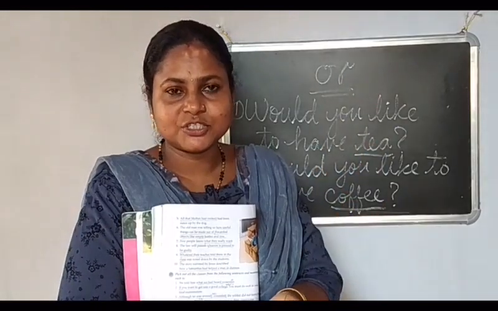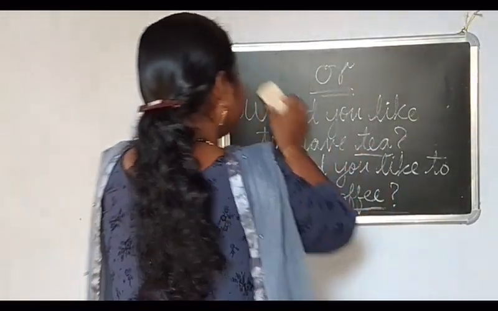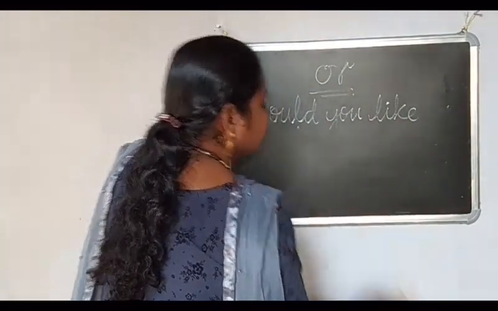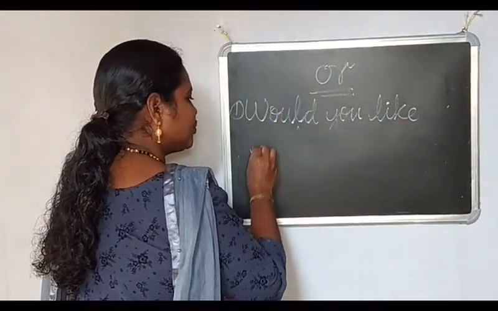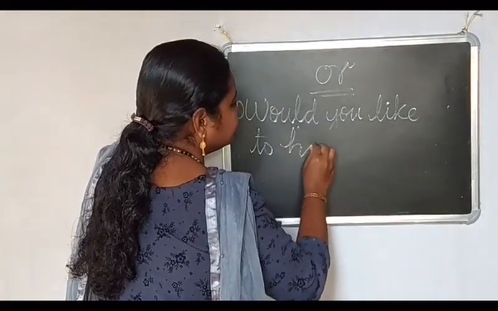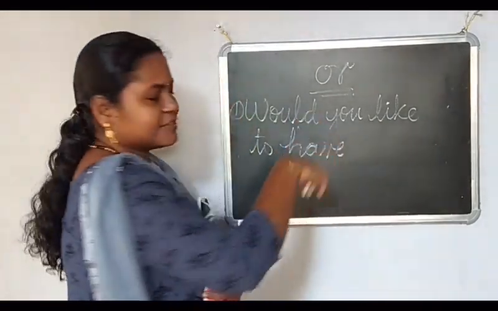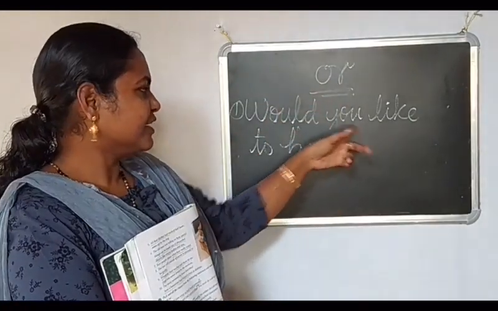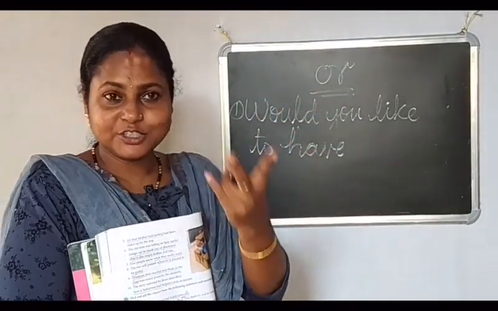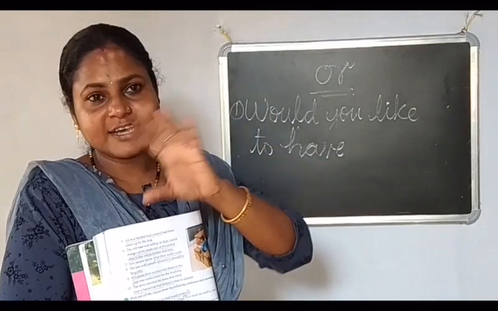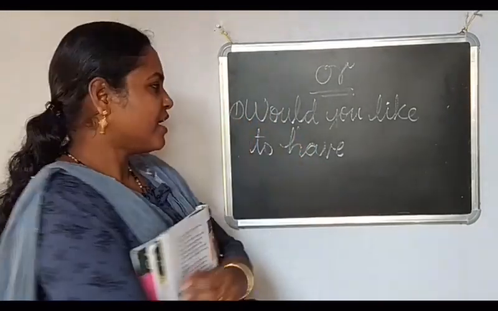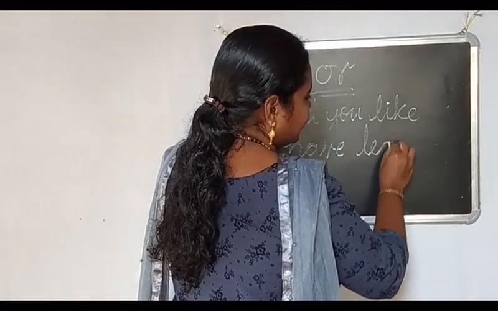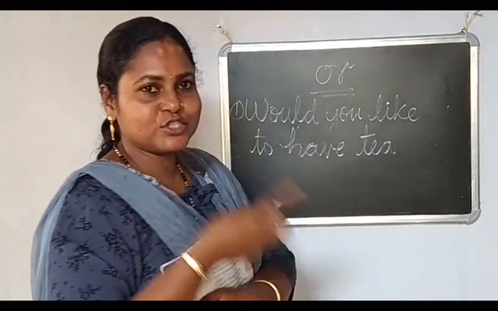How can we connect? We are connecting now like this. This would you like to have is common in both sentences. And the two things that are standing as a choice, that is tea and the other one is coffee.